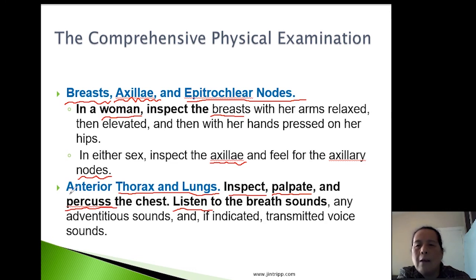So we need 4 ways of checking the chest, including the lung and the heart. We hear some abnormal sounds coming from the lung, and we also hear the sound transmission. So it's similar to checking the back part.